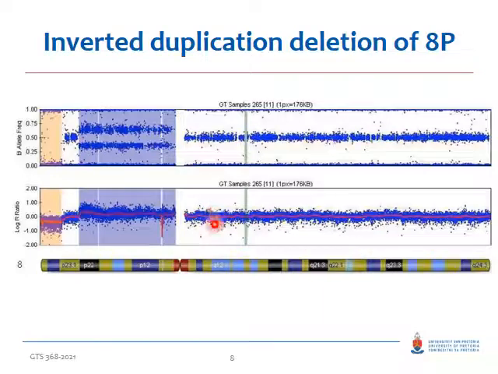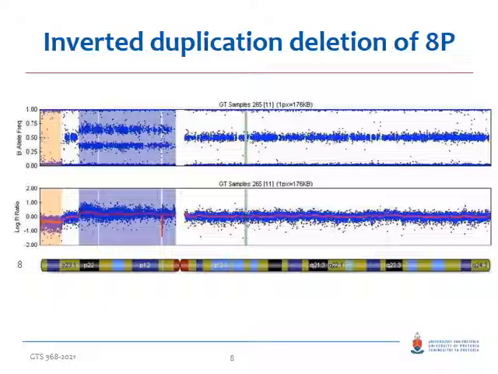In this example, where there is an inverted duplication and deletion of chromosome 8p, you can see the duplication with the clustering of the two heterozygote clusters in the B allele frequency, and the deletion with the loss of heterozygosity.